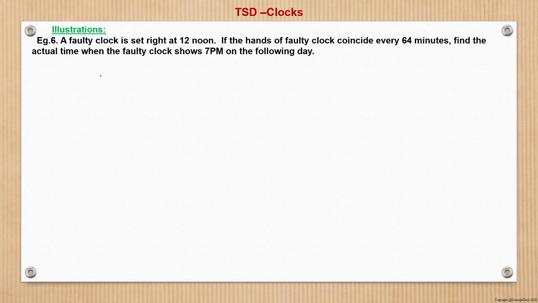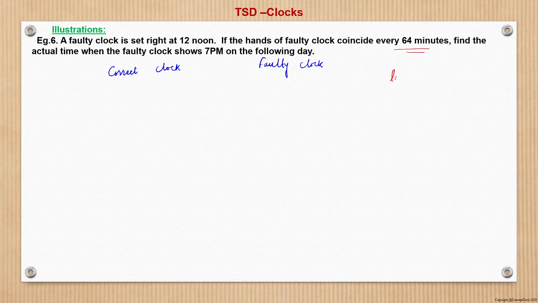One is a correct clock and the other is the faulty clock. Further it's given that the hands of the faulty clock coincide every 64 minutes.